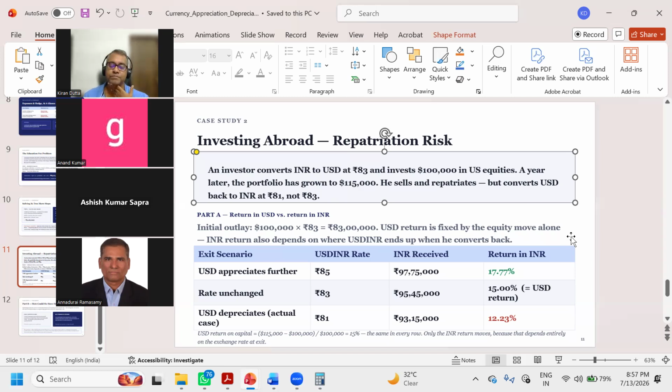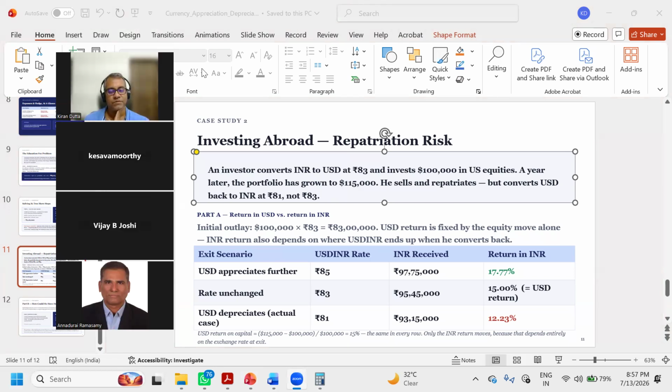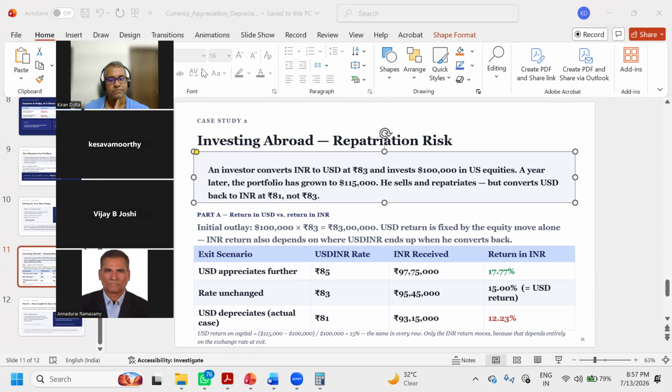Everyone understood this? Attempt. So that's 1,15,000 into 81, right? Should it be multiplied, since $1 is 81?